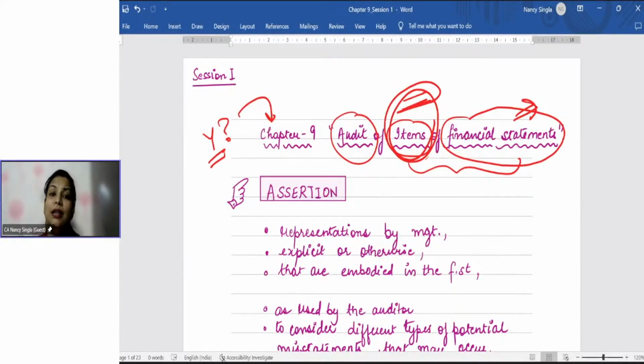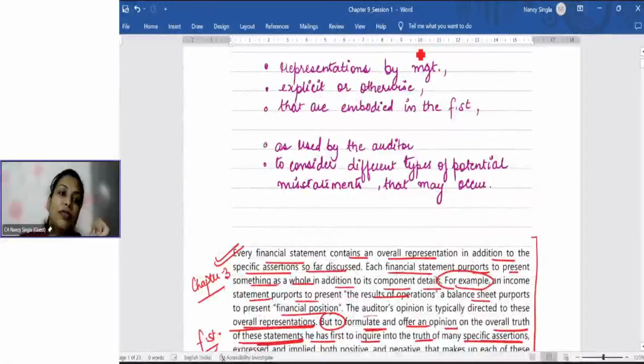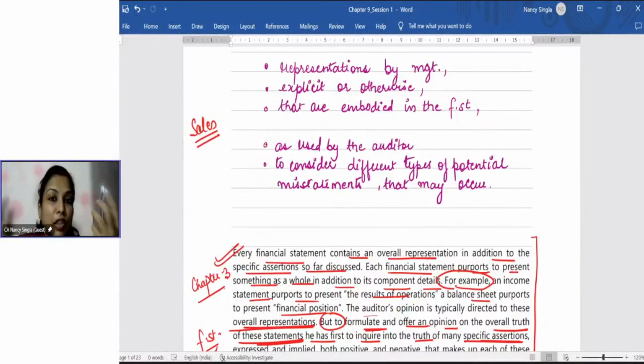In this chapter, you already have an understanding of the various accounting standards and the various provisions of the Companies Act. For example, take sales recognition. You have all done the relevant accounting standard. You all know how the disclosure requirements under Schedule 3 of the Companies Act are to be met. Now the auditor will have to see whether the management has done that as per the applicable financial reporting framework.